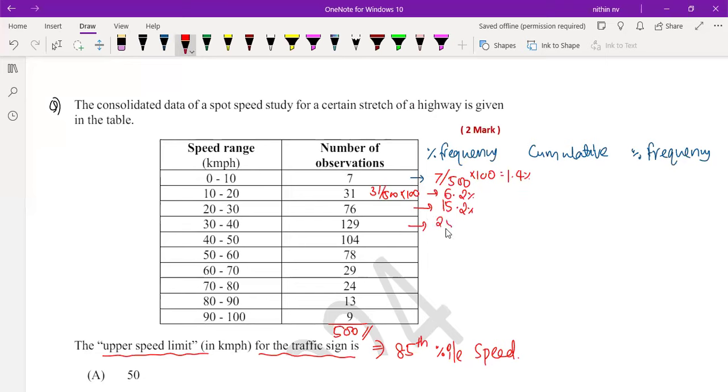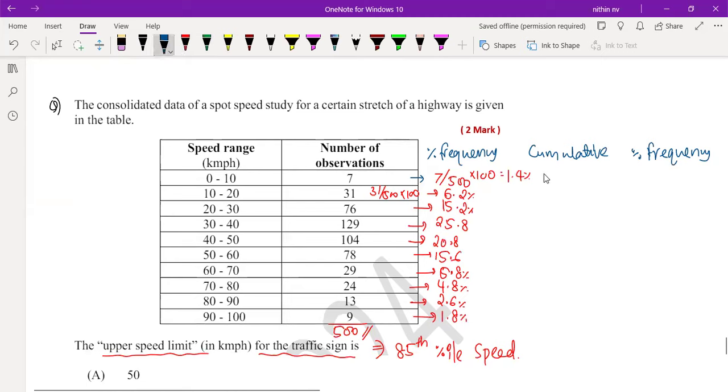I'm just writing the values here: 25.8 percentage, 20.8 percentage, then 15.6 percentage, then 29 by 500 into 100, it's going to be 5.8 percentage, then 4.8 percentage. You can just compare your data with these values, whether you have made any mistake or not. And finally, 1.8 percentage. Right or not?